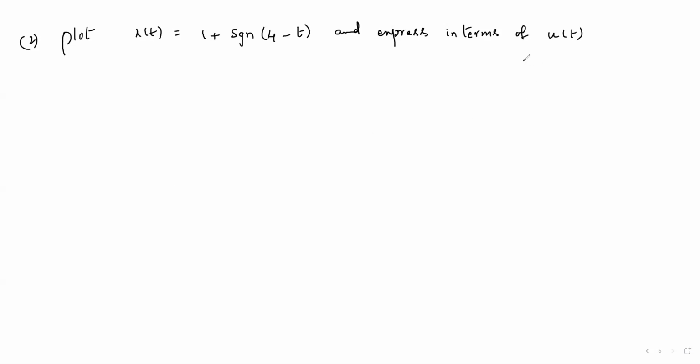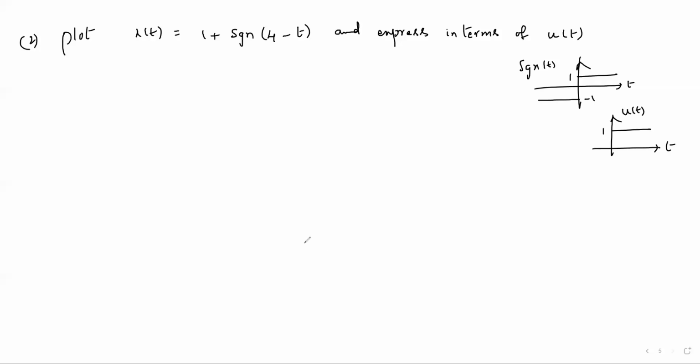The signum function we know. To plot the signum function, it is 1 on the right hand side and minus 1 on the left hand side. This is the signum function. And u of t we know: the unit step function is 1 on the right hand side, 0 on the left hand side.